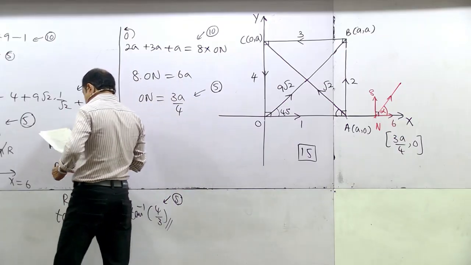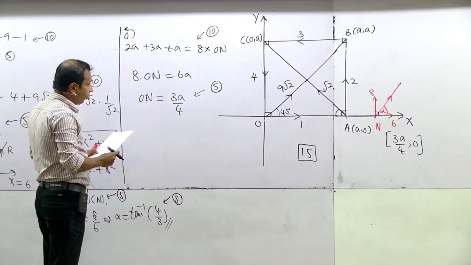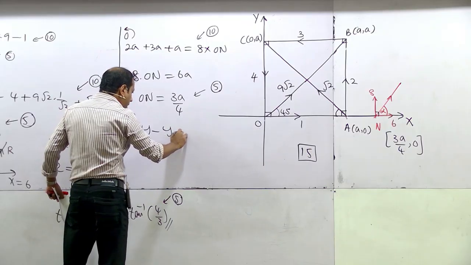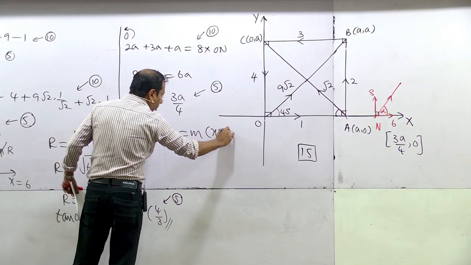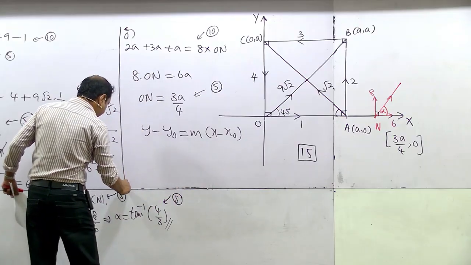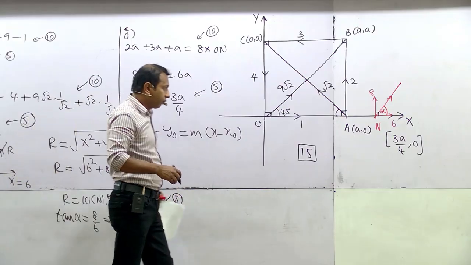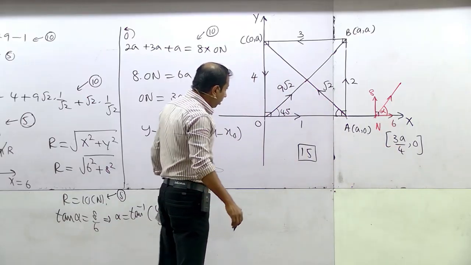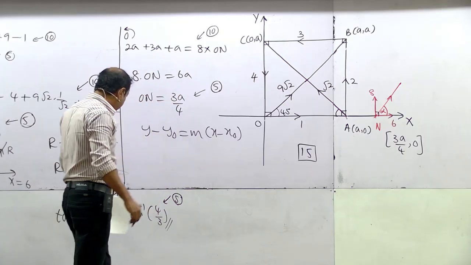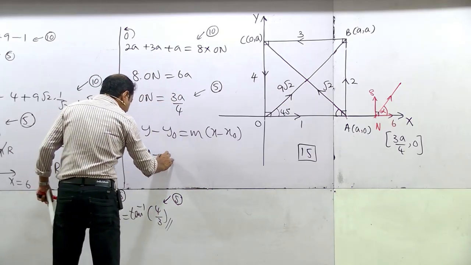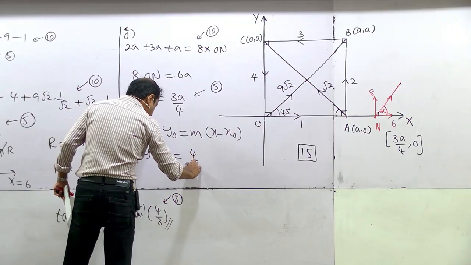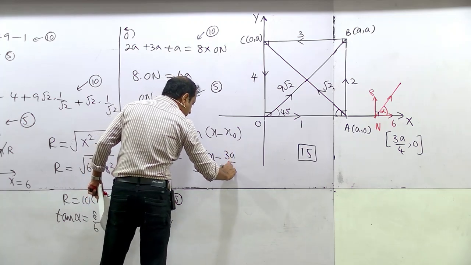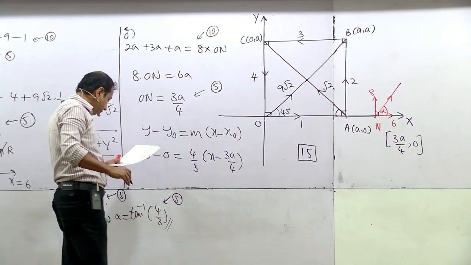Now, asked to find the equation of the line of action of the resultant. For that you can use y minus y naught equals m times x minus x naught. X naught, y naught: x naught you can take 3A by 4, y naught you can take 0. Gradient is tan alpha, 4 by 3. Y minus 0 equals 4 by 3 times x minus 3A by 4.